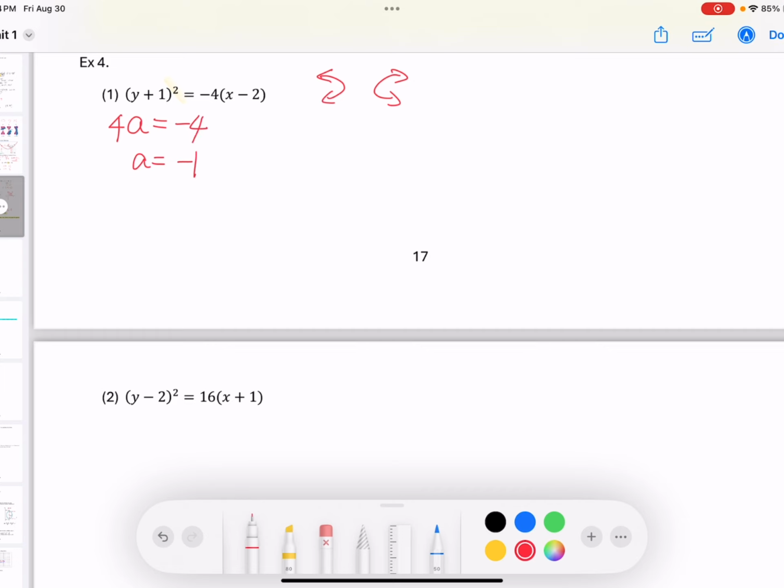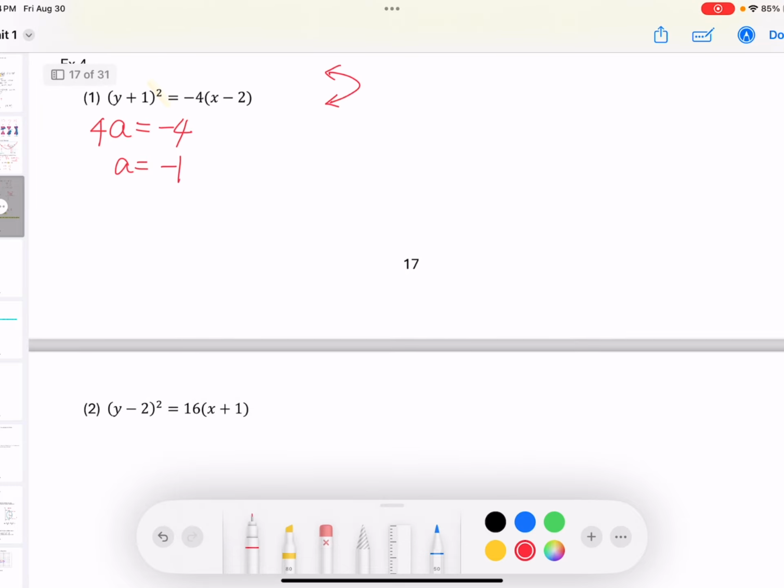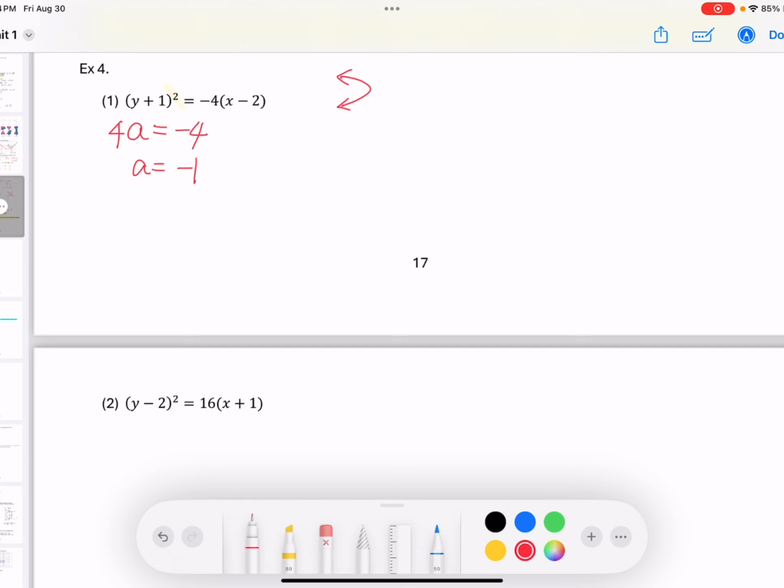Then my graph opens to the left, because it opens in the negative x direction. Okay, next step, let's find the vertex. The vertex is (h, k). H goes with the x, so it is (2, -1). This is my vertex.